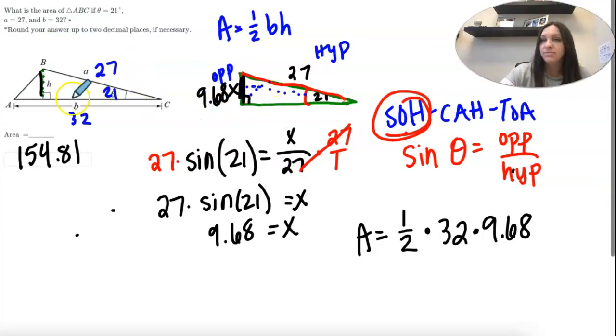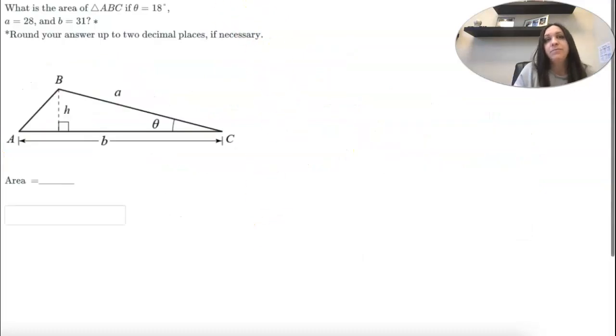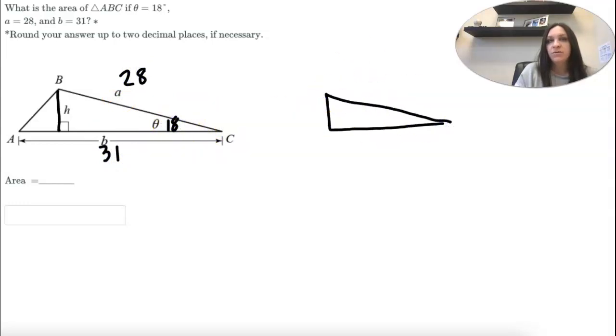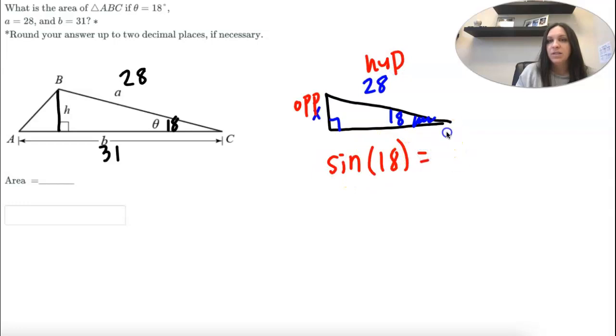Okay, so we've already done one like this too. We used sine. So we're going to use sine again. Okay, so now here's our right triangle. Our base is 31 and our angle is 18. We know 28, we're trying to find this. So opposite over hypotenuse. Sine of 18 equals x over 28. Times by the denominator on both sides.